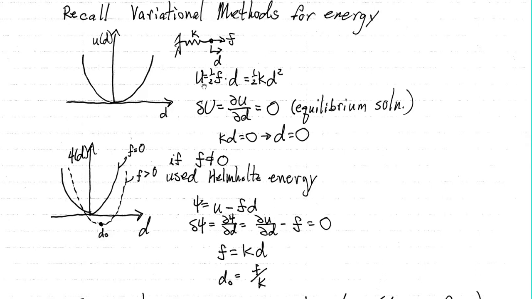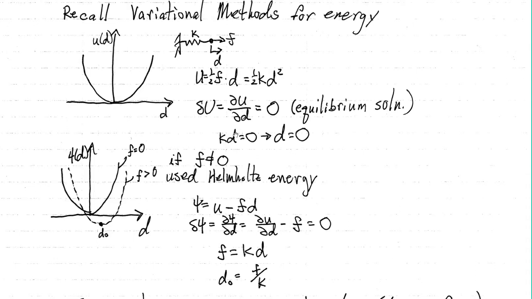So it's U equals 1/2 force times displacement, or 1/2 kd squared. At equilibrium, if you pull on this spring and then let it go, it's going to bounce around.